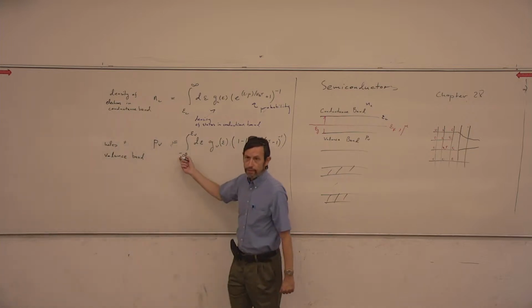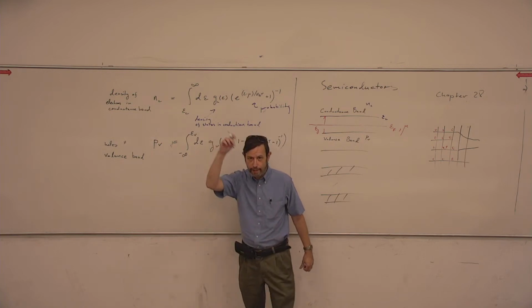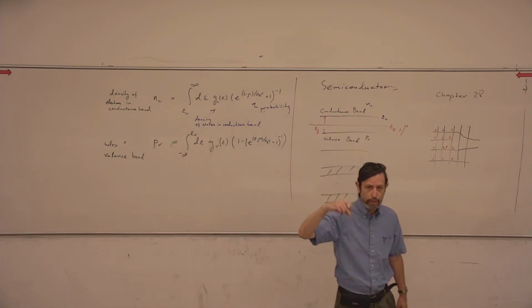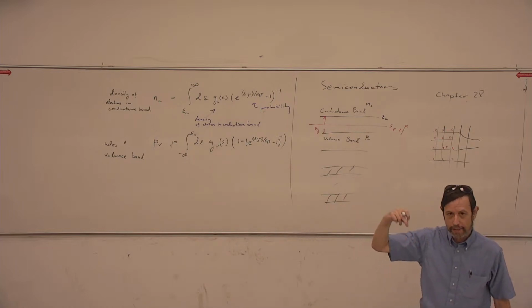Life from minus infinity, again, I don't care what happens there because the probability that I go below, have any probability of having a hole below the conductance, the valence band, is 0.